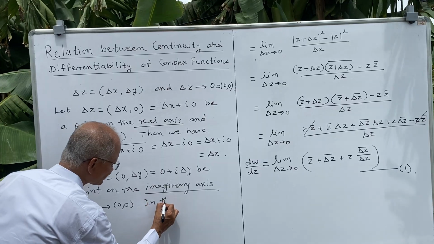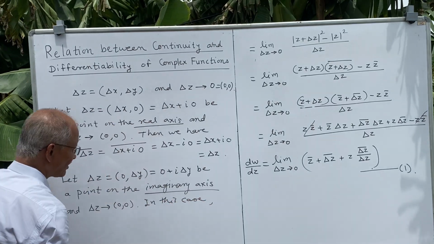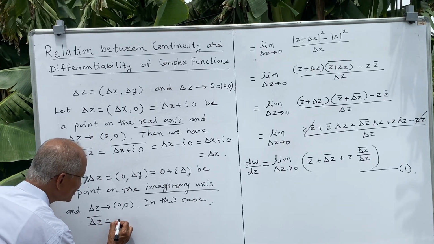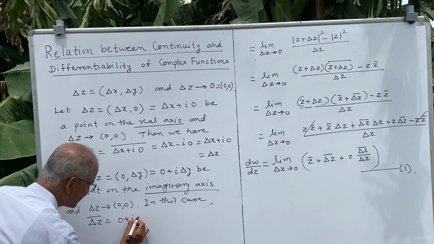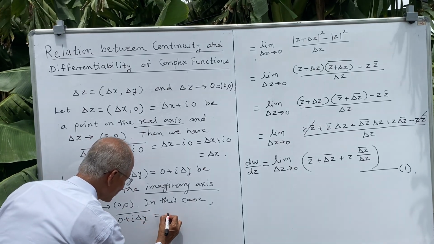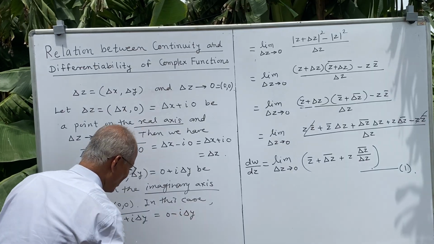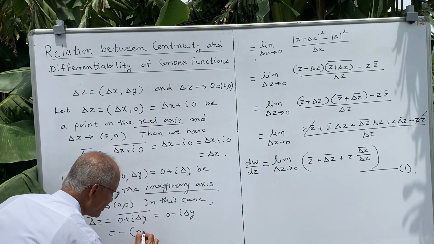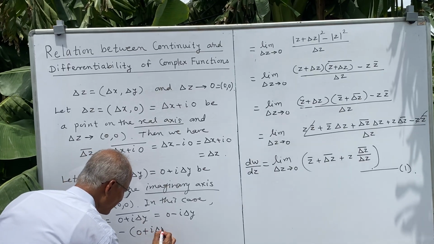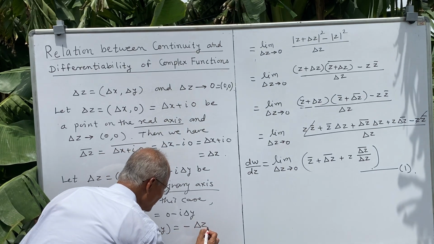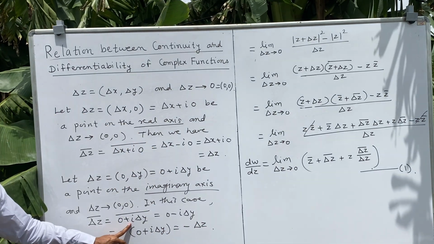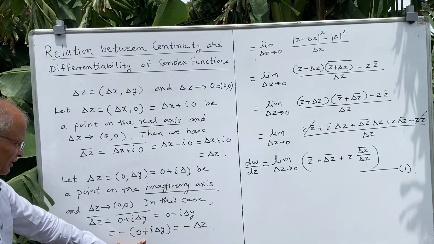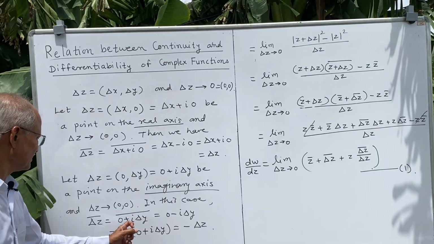In this case, the conjugate of delta z is the conjugate of 0 plus i delta y, that is 0 minus i delta y, which can be written as minus of (0 plus i delta y), and this is minus delta z. You verify this: the conjugate of 0 plus i delta y is 0 minus i delta y, and the minus sign is taken common, and this is again delta z.